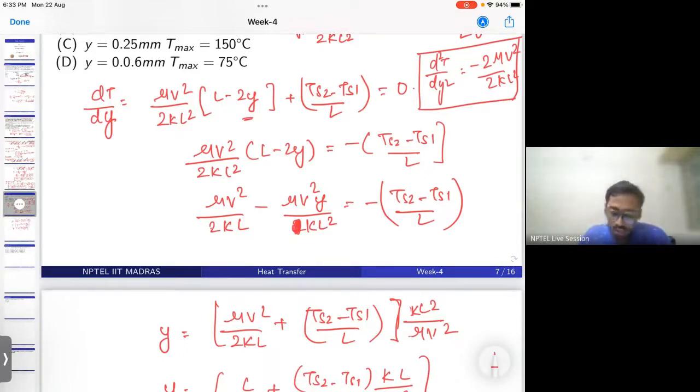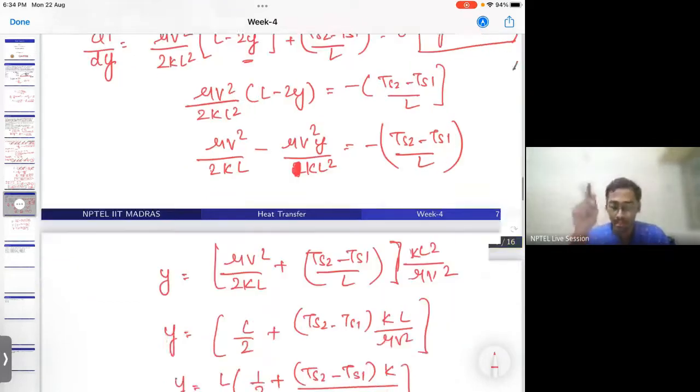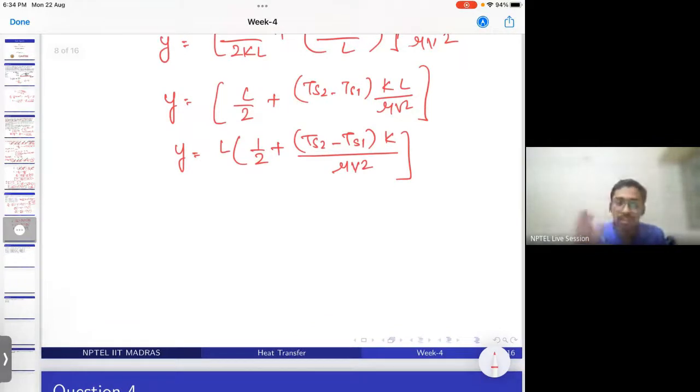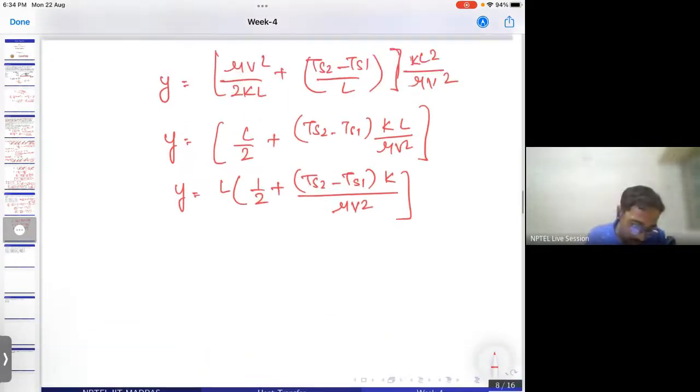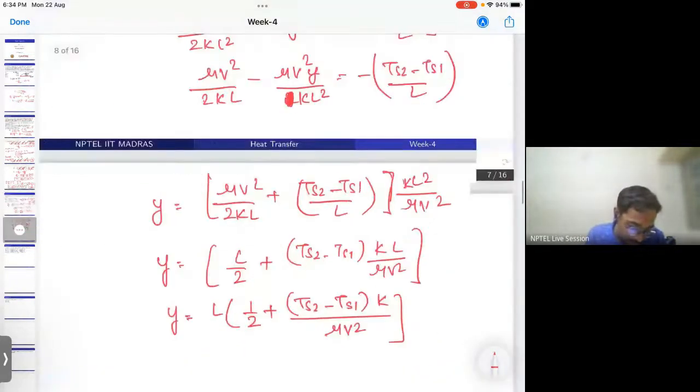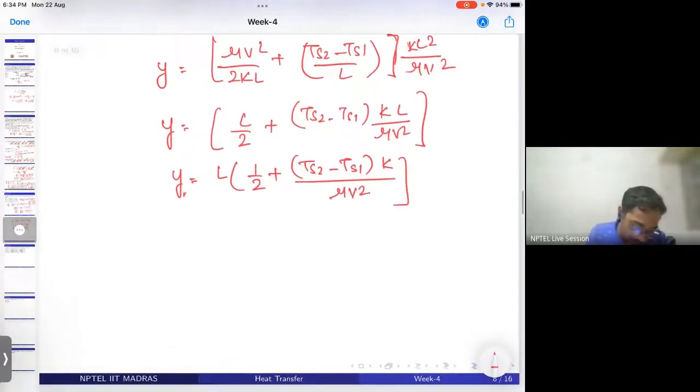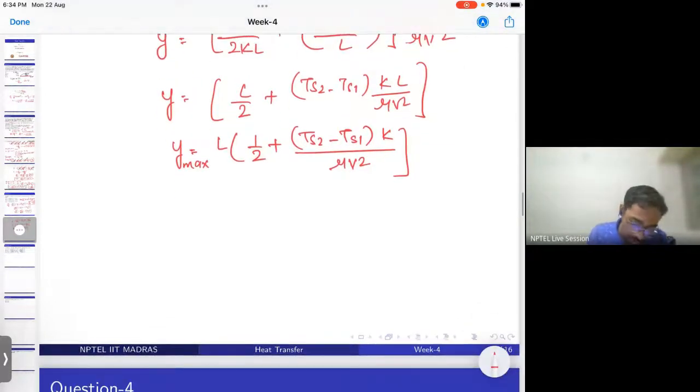All the values, that is μ, v, k, L, are positive, so v², L², μ, k are all positive, and the only negative is the sign in front. As the second derivative is negative, this will be a maximum point. Just for checking, you can do this. This is the y max location.